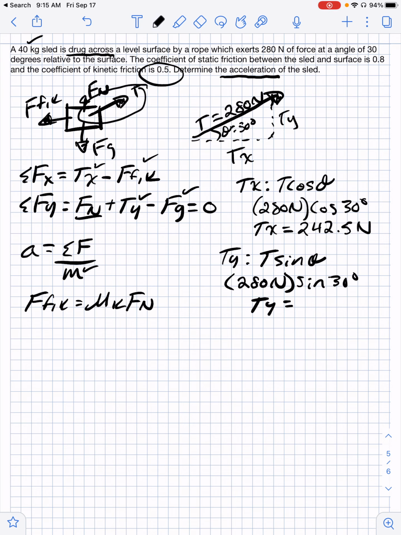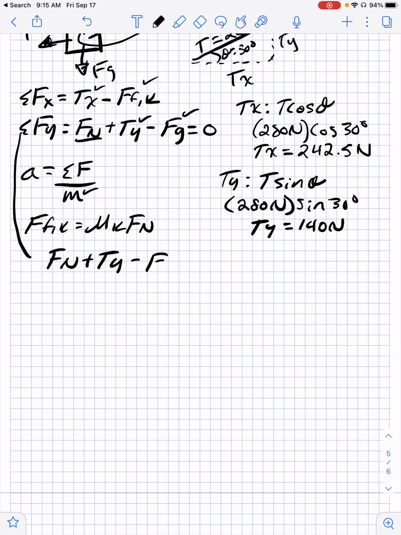So I know the Ty and I know the weight, I can solve for the normal force. Let's expand this here. The normal force plus Ty minus the weight equals 0. I'm going to add the Fg over and subtract the Ty, so your normal force is equal to Fg minus Ty.